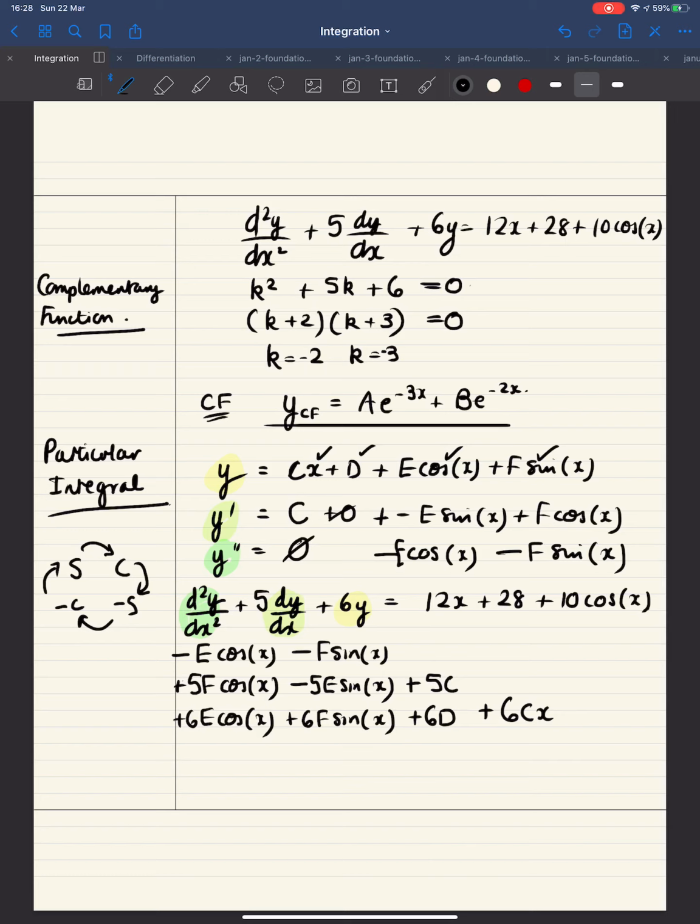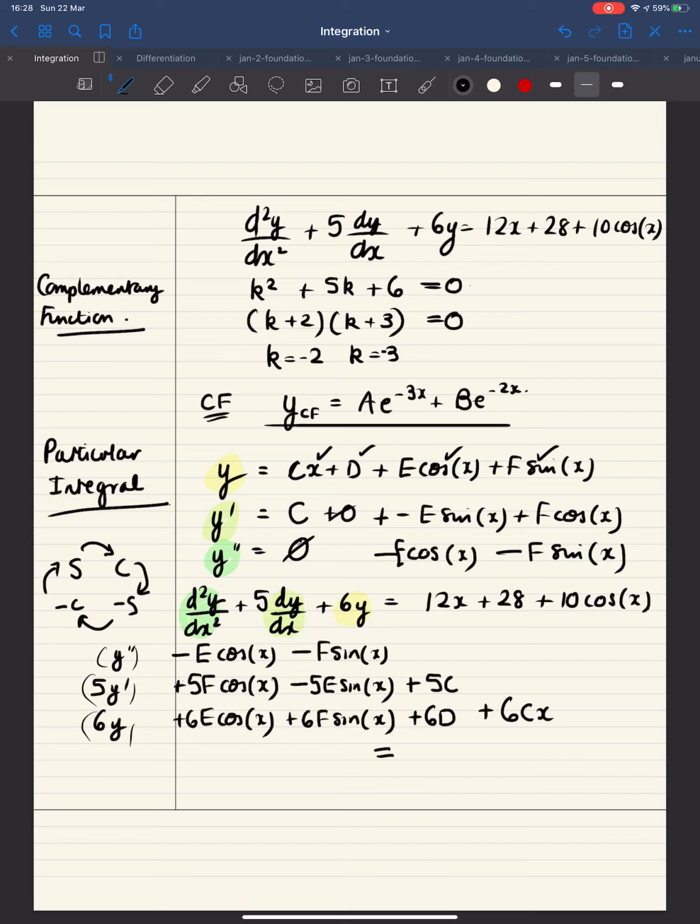Let's just check I got all of these right. That's the y double dash line. This is 5y dashed across there. Yep, that's right. And this is 6 y's along there. Just quick check. Yeah.